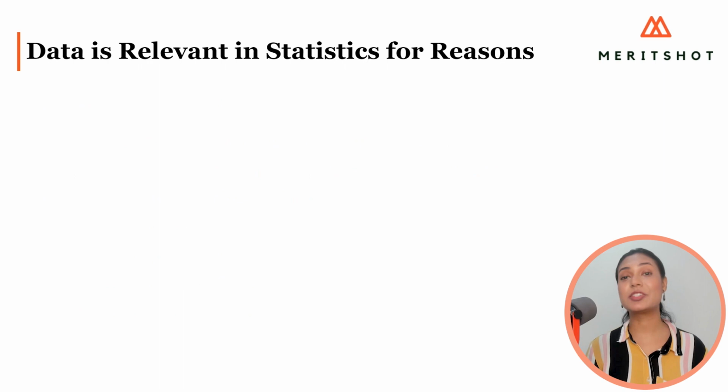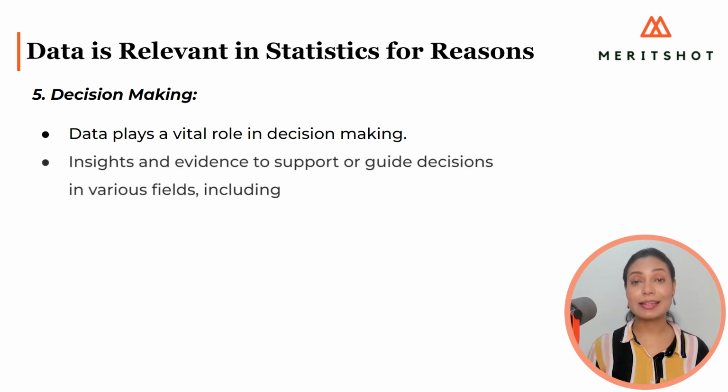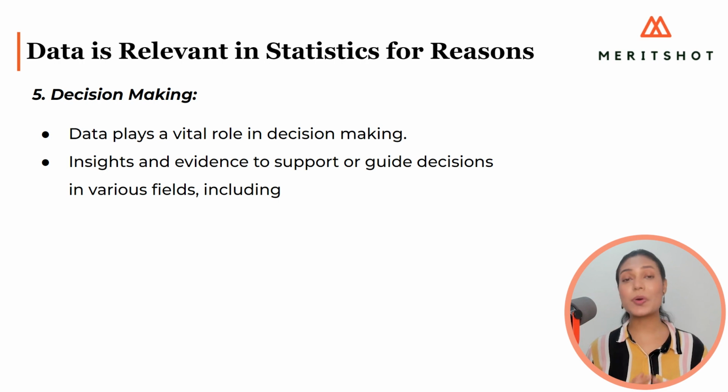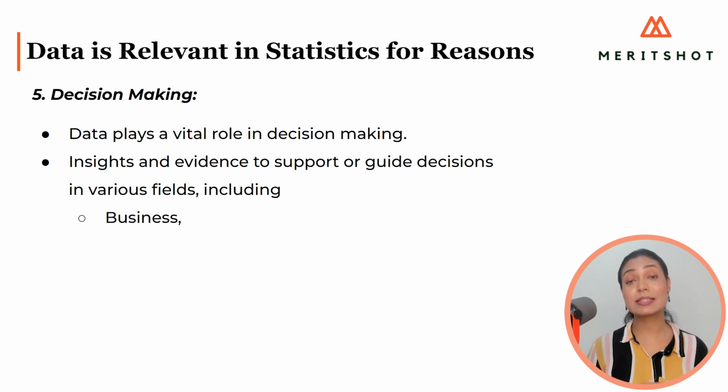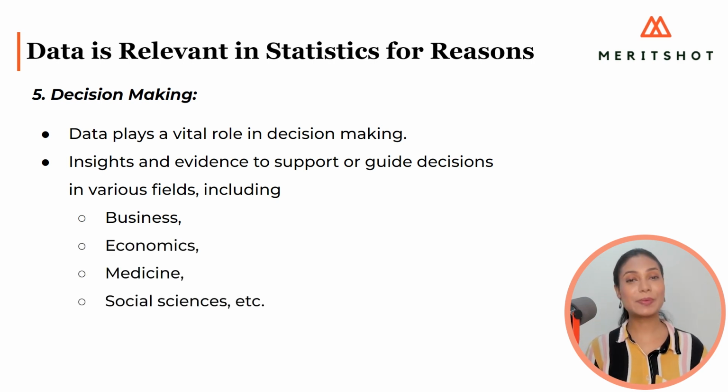Number 5, decision making. Data plays a vital role in decision making. Statistical analysis of data provides insights and evidence to support or guide decisions in various fields, including business, economics, medicine, social sciences, and many more.